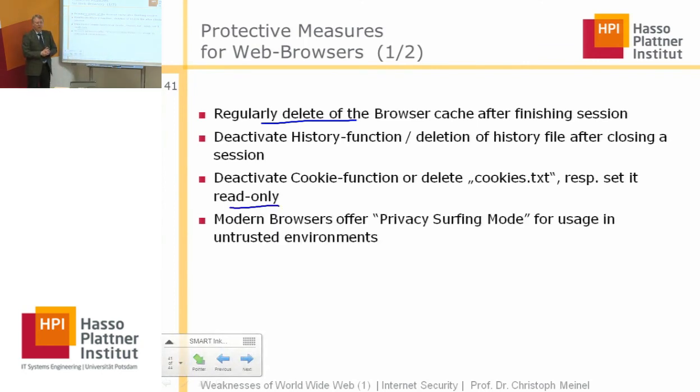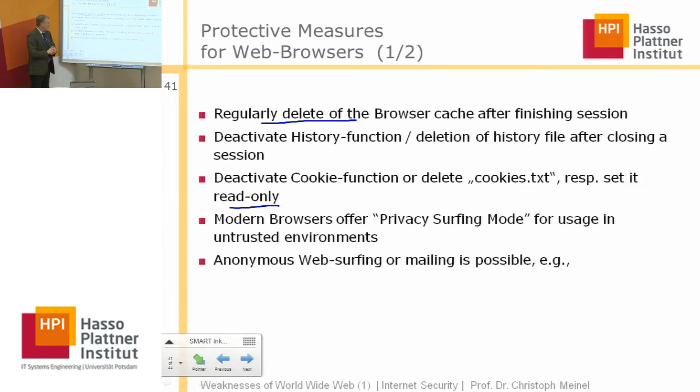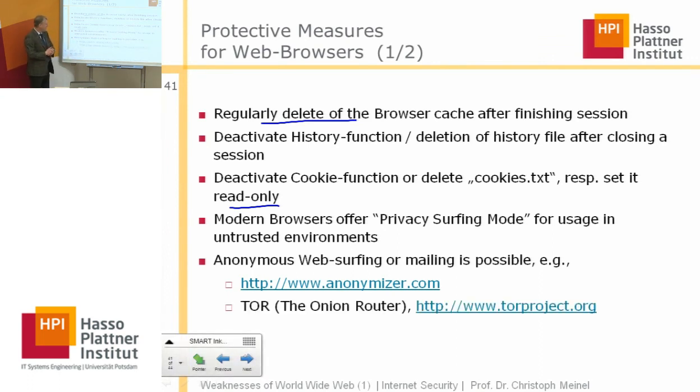Modern browsers offer such a privacy surfing mode for usage in untrusted environments. Then it's possible to do anonymous web surfing or mailing. And this is possible with different services, for example, the anonymizer provided by www.anonymizer.com.